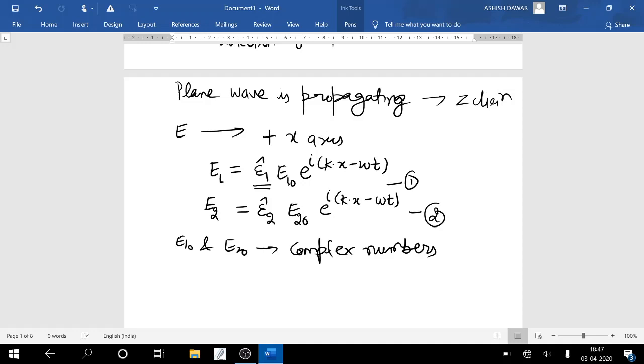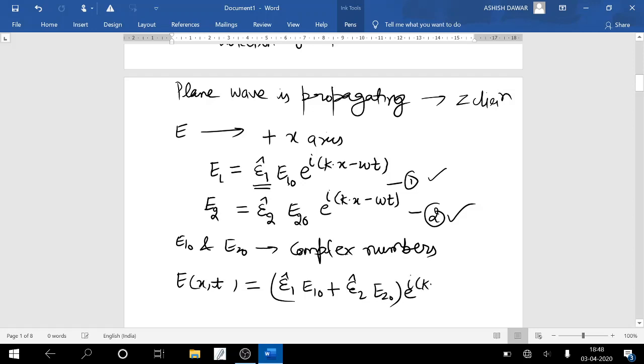Okay, and there is an adequate phase difference between them. So the linear combination of equation number 1 and equation number 2 gives a general solution of the plane wave in the k direction, and is given by E(x,t) equals (epsilon 1 E10 plus epsilon 2 E20) times exponential iota (k dot x minus omega t).